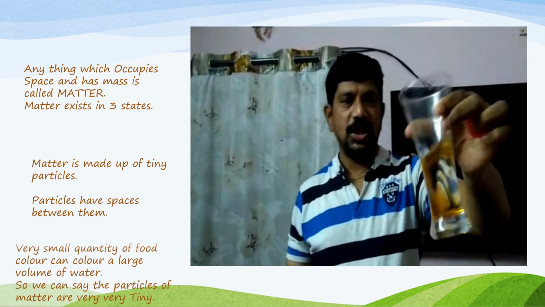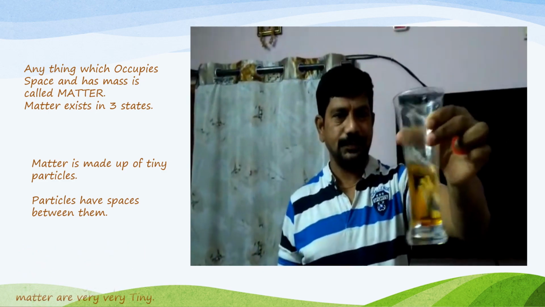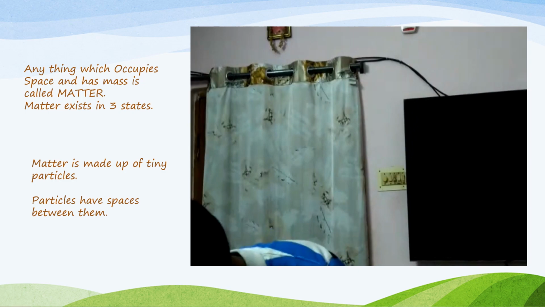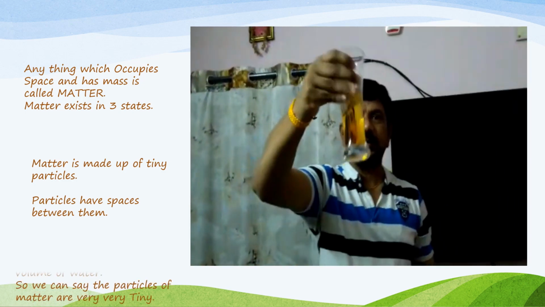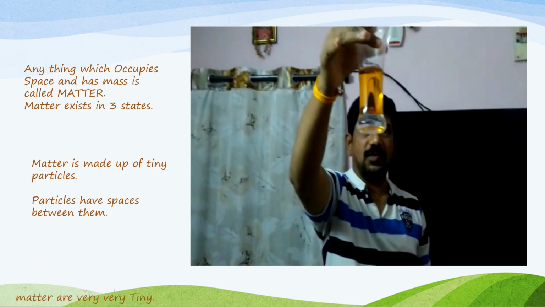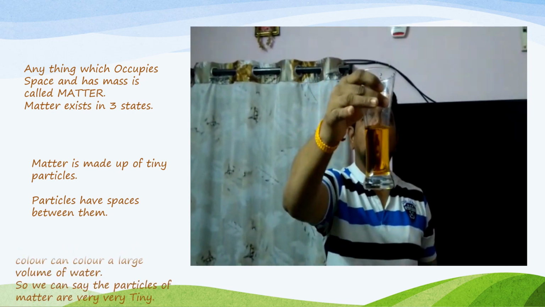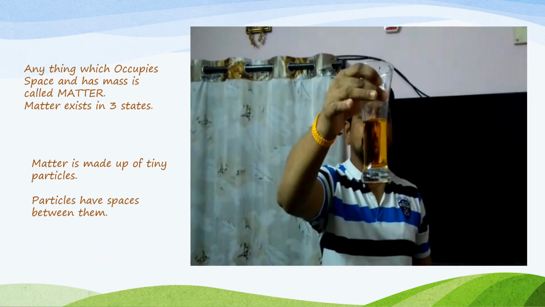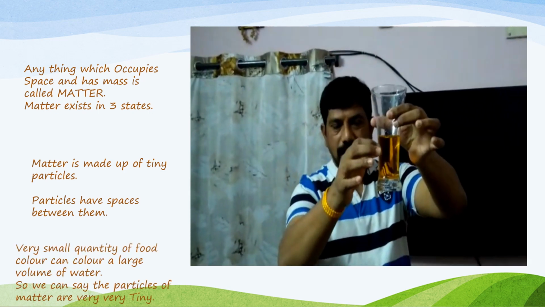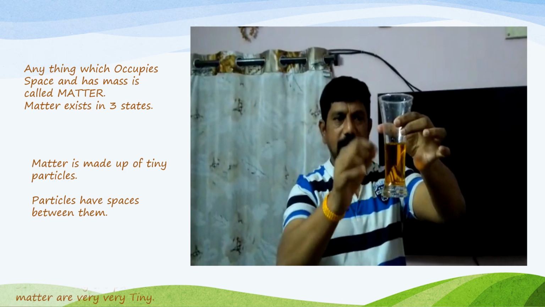Do you observe the change in the color of the water? You observe this carefully. There is a change in the color of the water. What made the water color? The food color is made up of tiny particles.